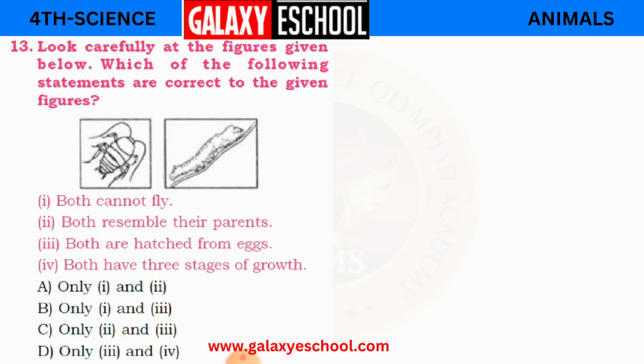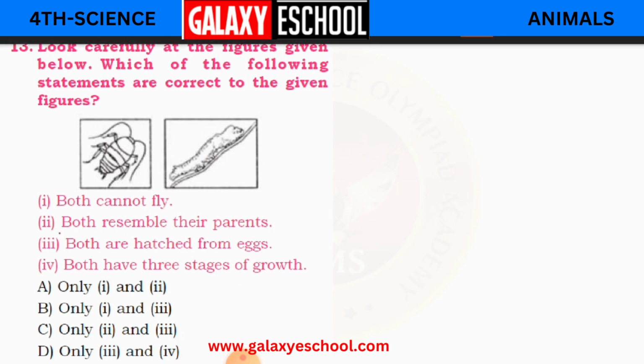Okay, now here if you see 13th question, look carefully at the figures given below. Which of the following statements are correct to the given figures? See children, here you have got two pictures. One is an insect, another one is also a baby insect. So we have to choose the correct statements. The first option is both cannot fly, and the second option is both resemble their parents.